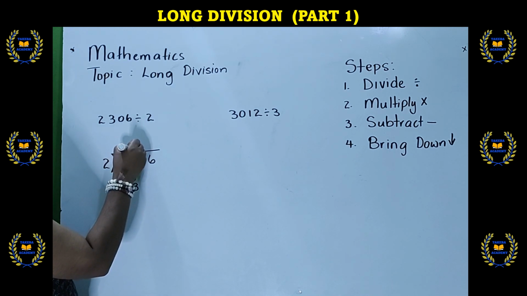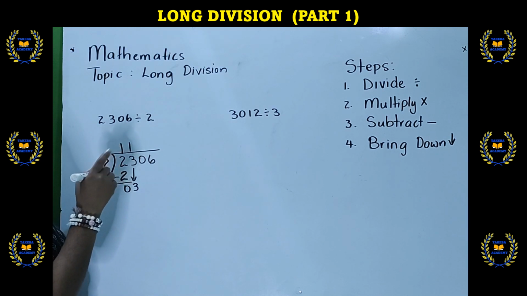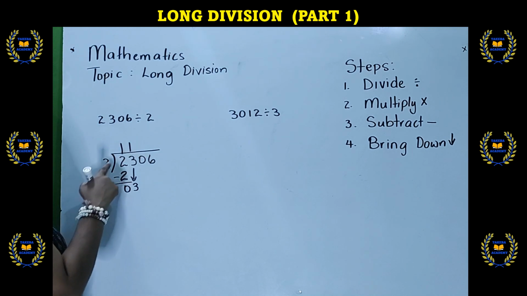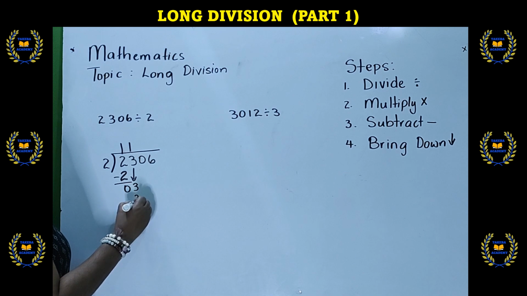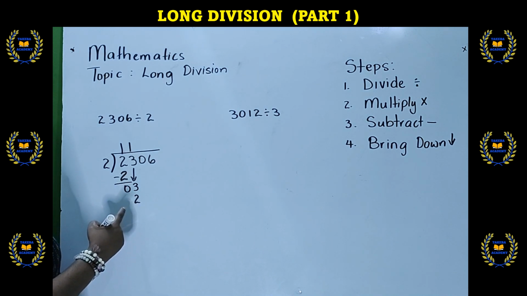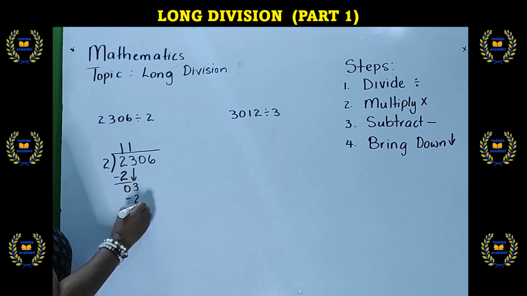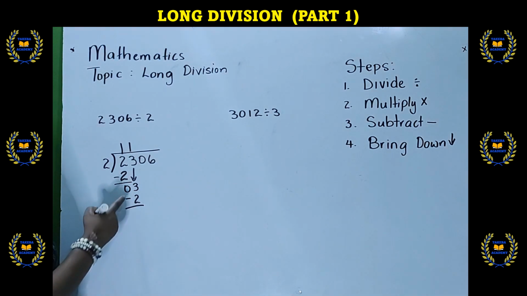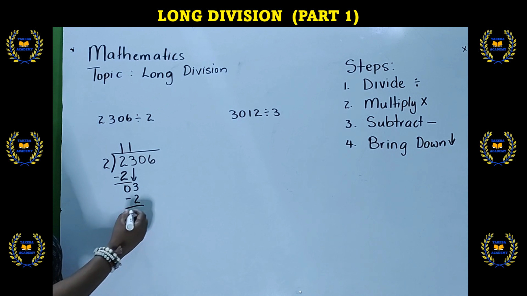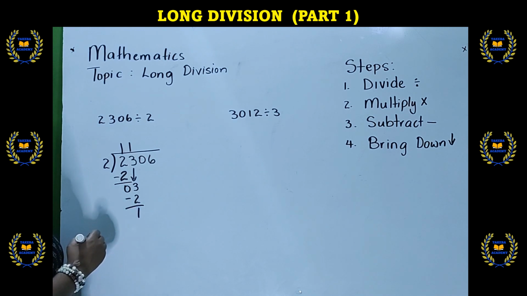The answer is 1. Step number 2 says to multiply. 2 times 1 is 2. Now where I'm putting my answers, okay? Step number 3 says to subtract. So we are going to be subtracting our numbers here. 3 take away 2, that leaves 1.